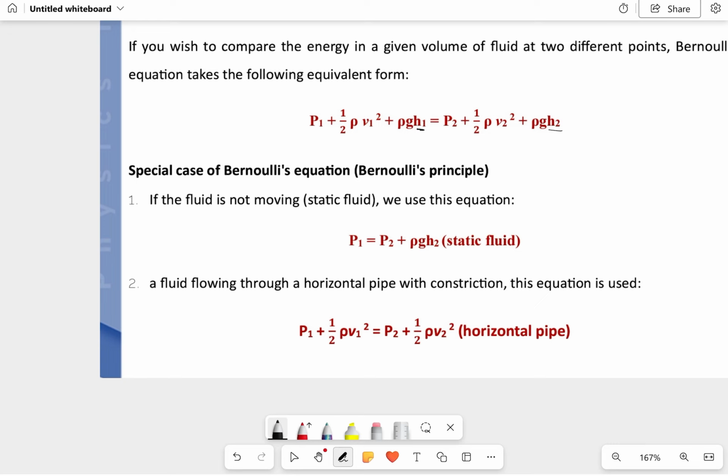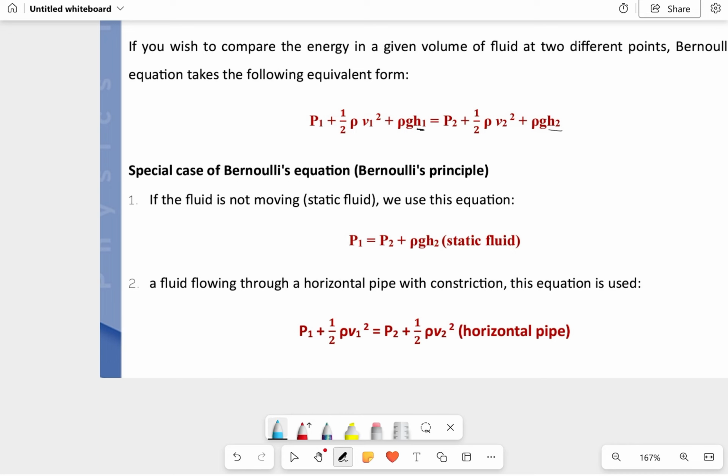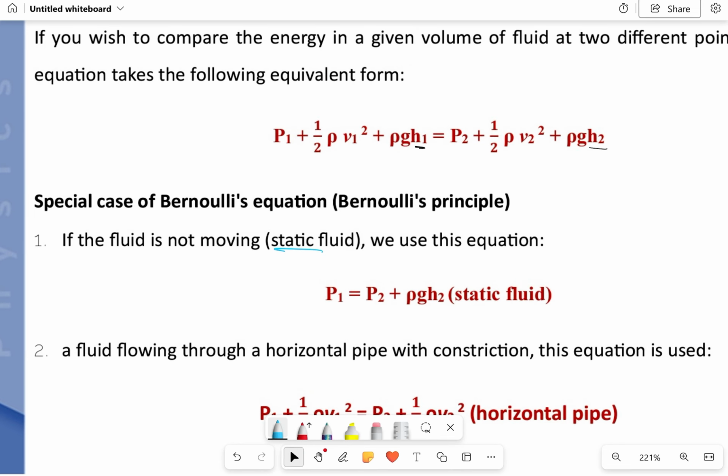If the fluid is not moving, guys, careful, if the fluid is not moving, we're going to cancel the terms that have velocity in them. Static means not moving. If the fluid is not moving, then it has no velocity. So V1 is going to be 0, and V2 is also going to be 0.